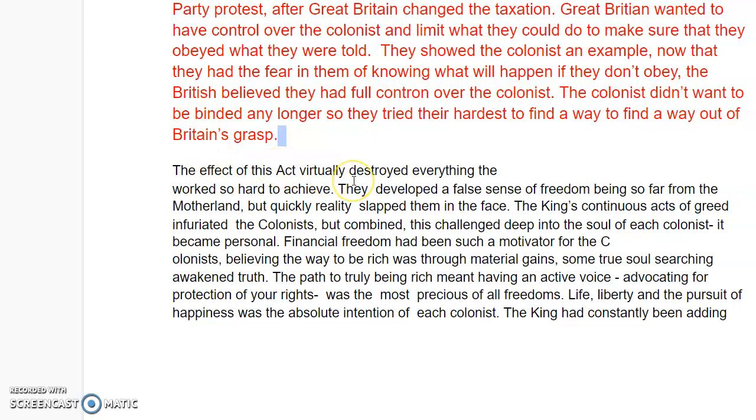The effect of this act virtually destroyed everything the colonists worked so hard to achieve. They developed a false sense of freedom being so far from the motherland, but quickly reality slapped them in the face. The king's continuous acts of greed infuriated the colonists, but combined, this challenge deep into the soul of each colonist.